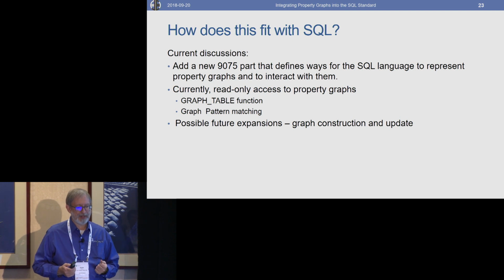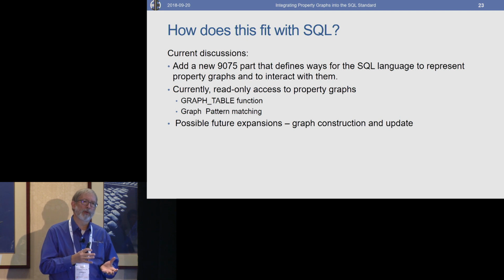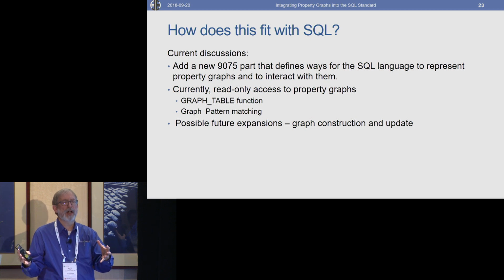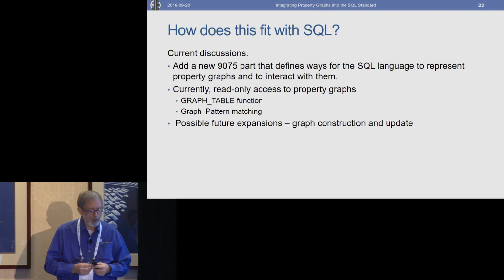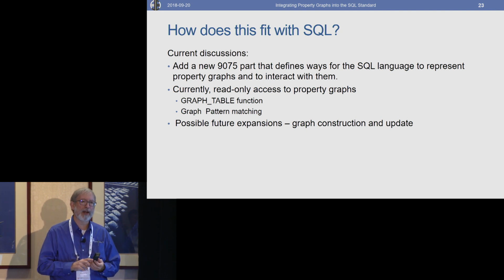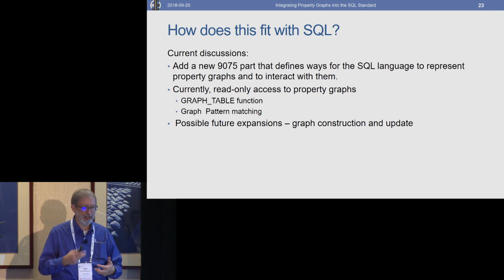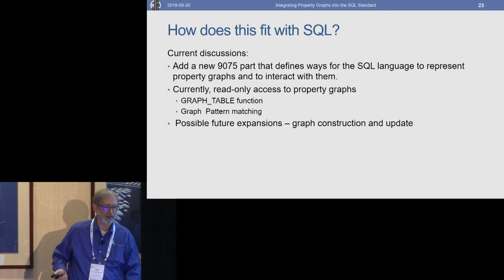We're currently looking at read-only access to property graphs, a concept called a graph table function, where essentially the graph part of the query is within that graph table function, and it returns a table. There's some work that's been done on specifying how graph pattern recognition and a few other things that are in process. And maybe eventually it may make sense within SQL to be able to do graph construction and graph update. That's still under discussion, still to be decided.